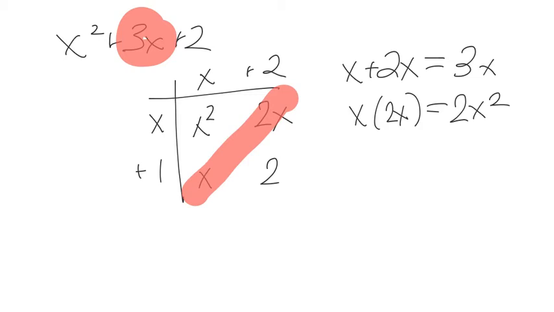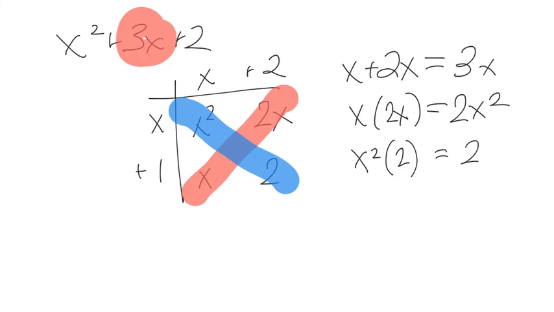Well, it turns out there's a really important thing going on here, and that is if you just observe the other diagonal, x squared multiplied by 2 equals 2x squared also.